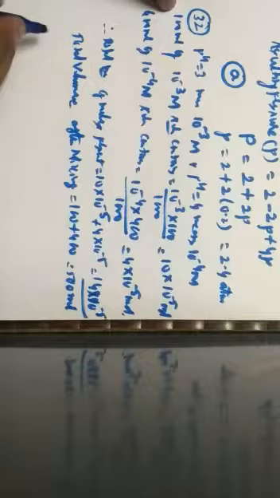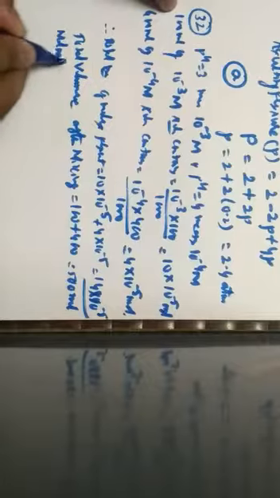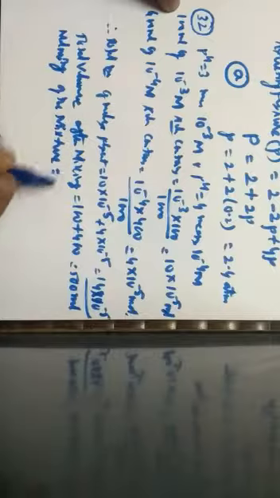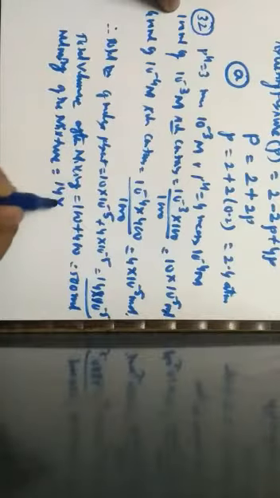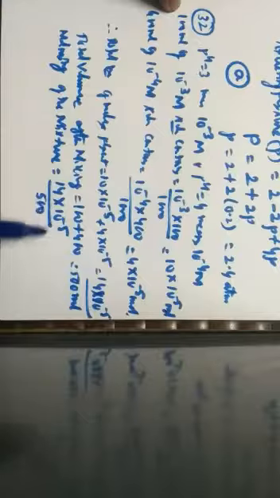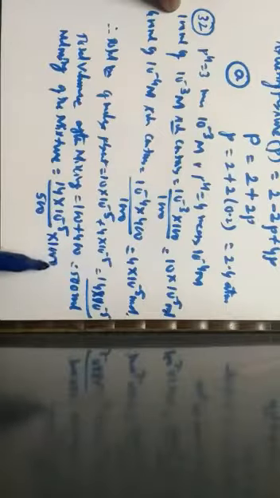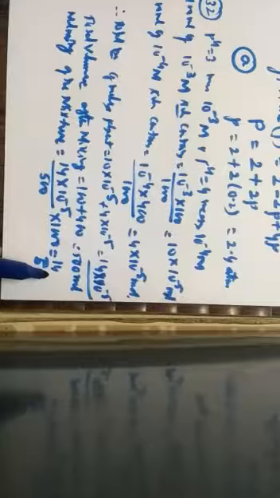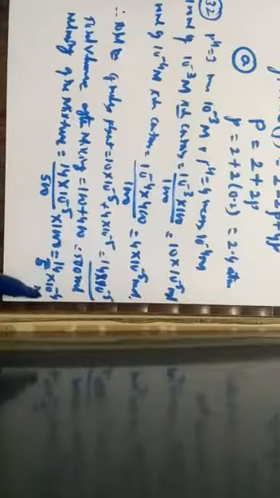So after knowing the total volume, when we calculate the molarity of the mixture, it is equal to 14 into 10 to the power of minus 5, because this is the total number of moles, divided by the total volume 500 divided by 1000, that is with reference to 1 liter. So it comes out to be 14 divided by 5 into 10 to the power of minus 4 molar.